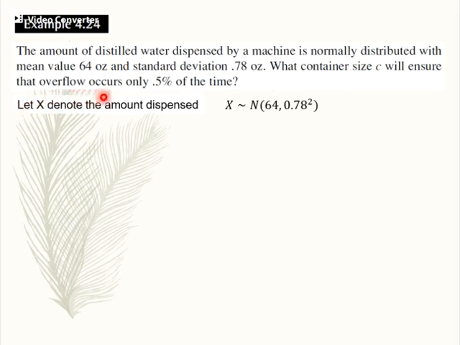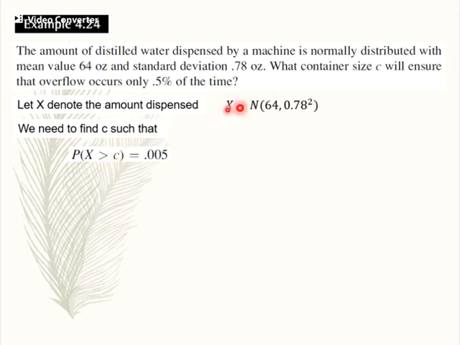Overflow will happen when the machine dispenses more than the capacity of the container. In other words, when the amount dispensed, that's X, is greater than the capacity of the container, C. So whenever you have X greater than C, that is when you have overflow.